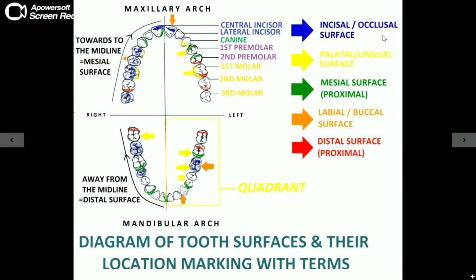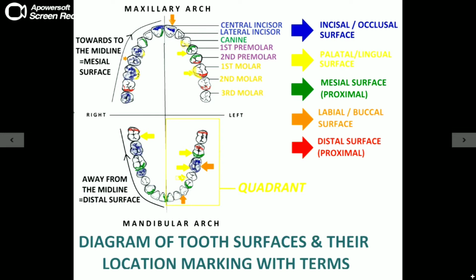First, incisal or occlusal surface. The surface of teeth that comes in contact with the opposite jaw during mastication. We call it the incisal surface in the case of anterior teeth, and occlusal surface for premolars and molars.